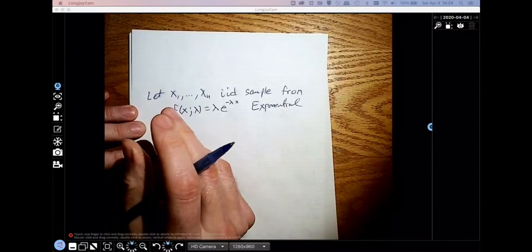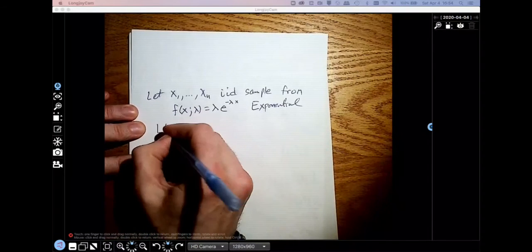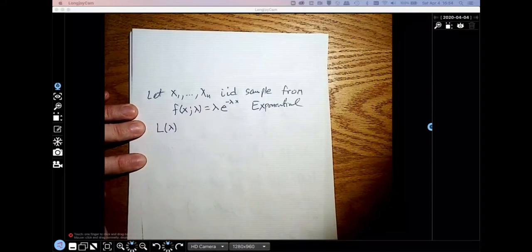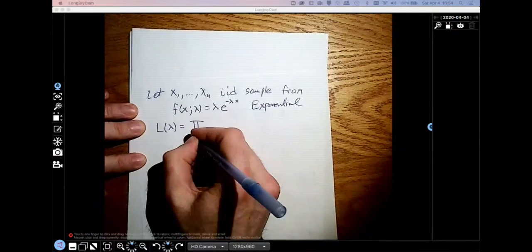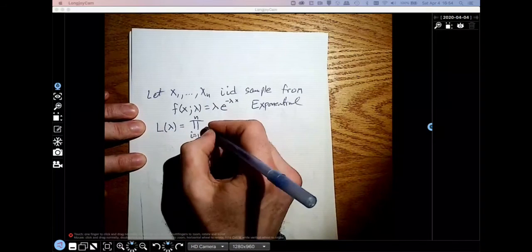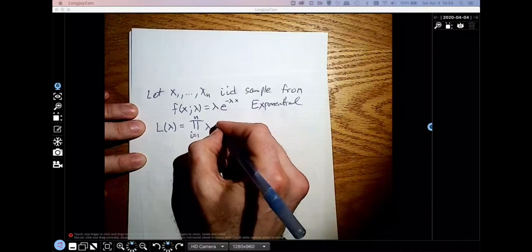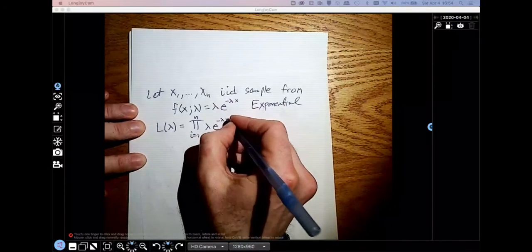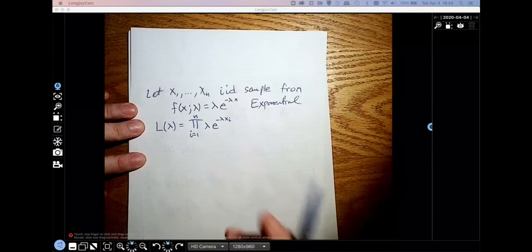So the procedure is the same as before. Let's go write out our likelihood. So the likelihood is going to be the product from i equals 1 to n of the individual PDFs. So lambda times e to the negative lambda x sub i. So the only difference, as we had with the normal, is I put a subscript i there.